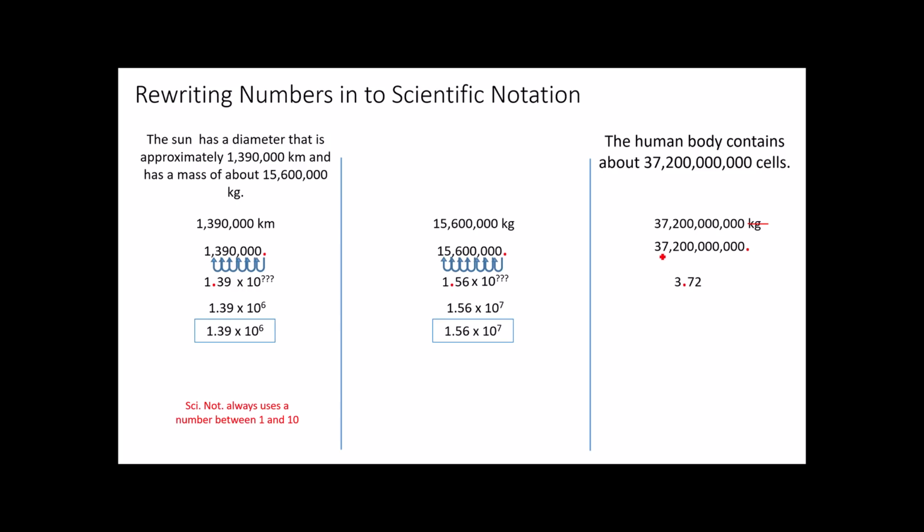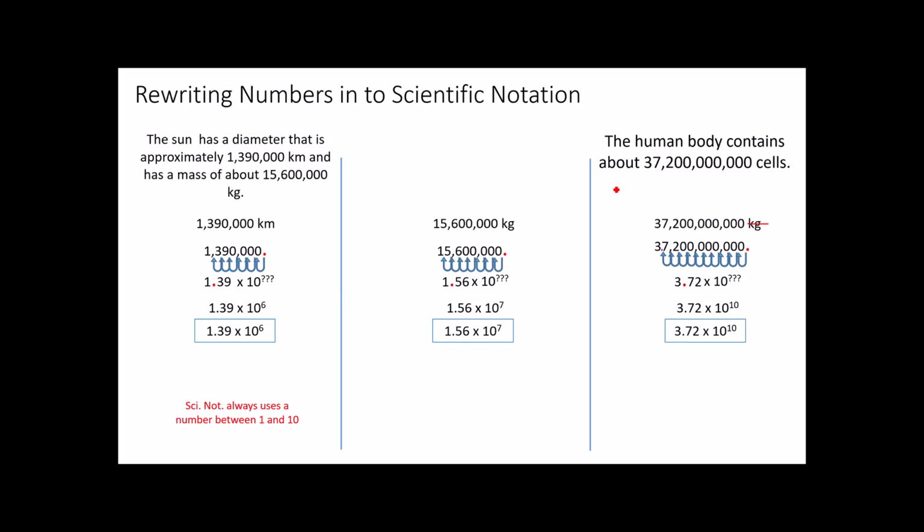So I need that decimal to be way over here between the 3 and the 7. How many places do I need to move that decimal? Well, 1, 2, 3, 4, 5, 6, 7, 8, 9, 10 places. 3.72 times 10 to the 10th. That's not too bad, right?